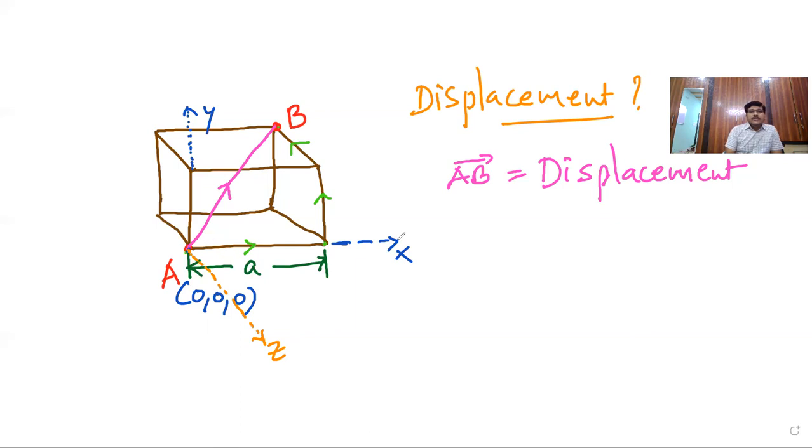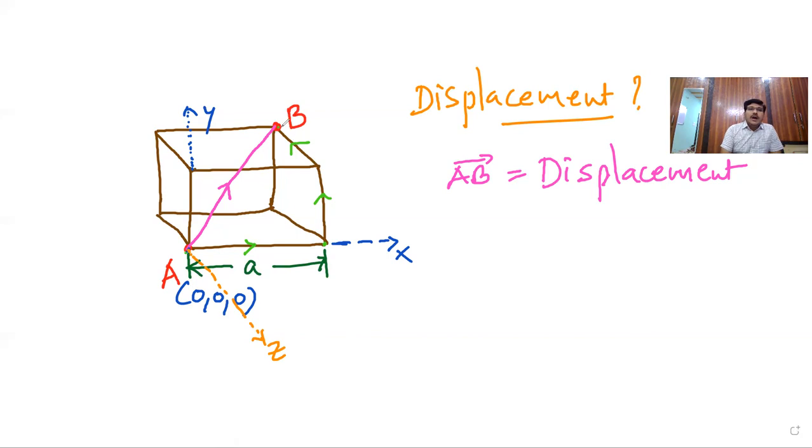So the positive x-axis is towards the east side, upward is the positive y-axis, and this side is the positive z-axis. That is our sign convention. Now, assuming that A, the initial point, is the origin, the X coordinate is 0, Y coordinate 0, Z coordinate 0.